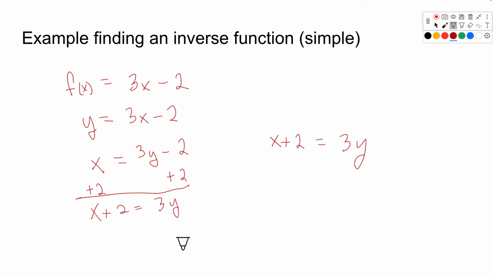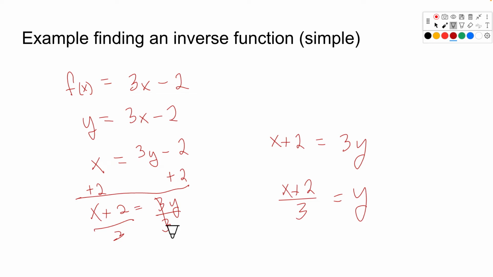And then to get y by itself, we divide by 3. Or you could think over here, we do the inverse, so we're going to get x plus 2 over 3 equals y. And we get the same thing. We can see that now it's x plus 2 first, and then we divide by 3. So it's reverse operations in the reverse order.